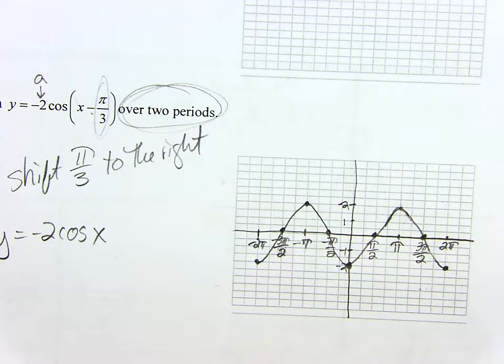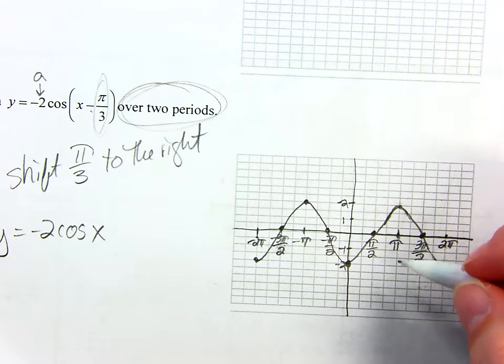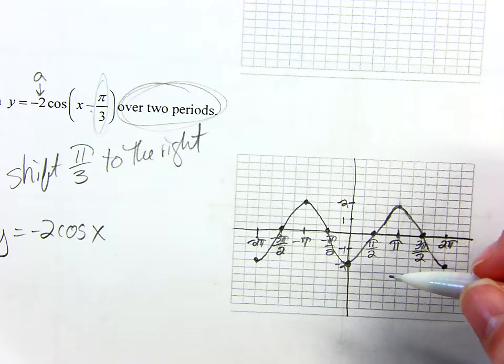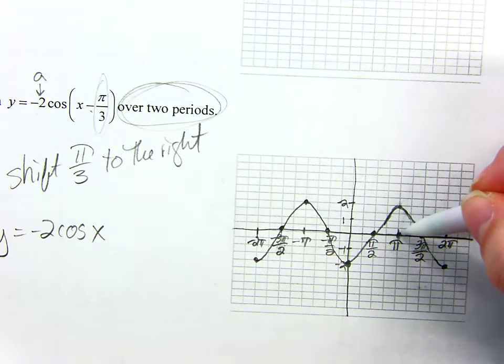Here's one option. Pi on my grid is 4 boxes. So pi over 3 would be how many boxes? It's gonna be a little bit more than pi over 2, right? Hold on. Pi is 4 boxes. It takes 4 whole boxes to get me to pi.